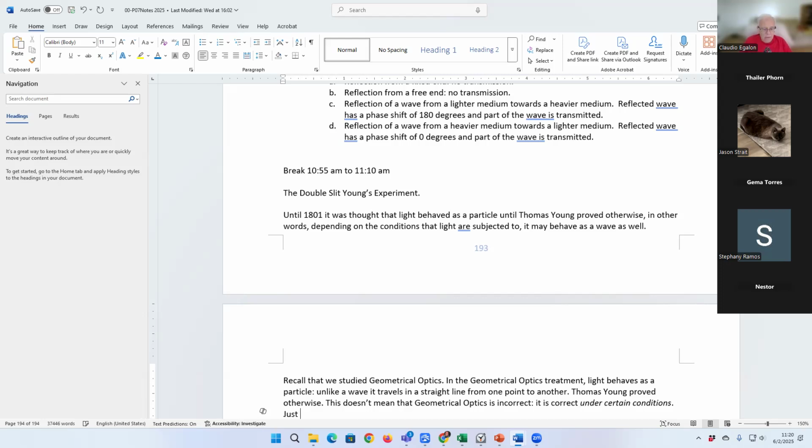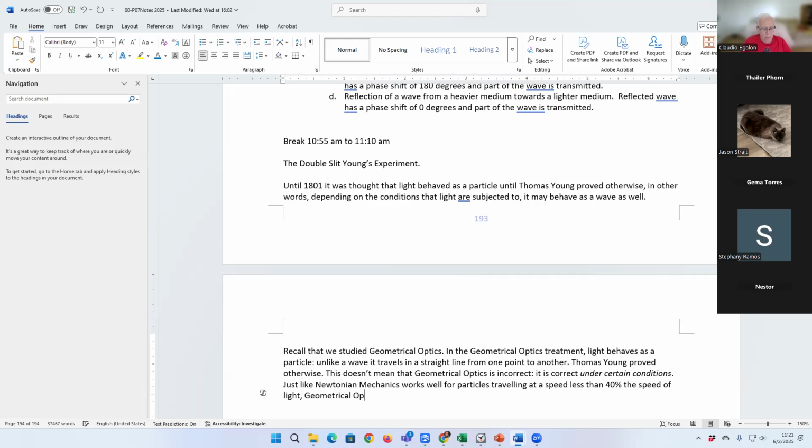Just like Newtonian mechanics works well for particles traveling at a speed less than, let's say, 40% the speed of light, geometrical optics works well when light interacts with objects that are much larger than its wavelength, okay?